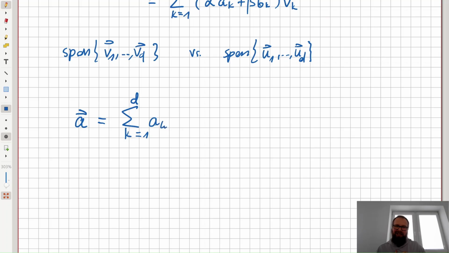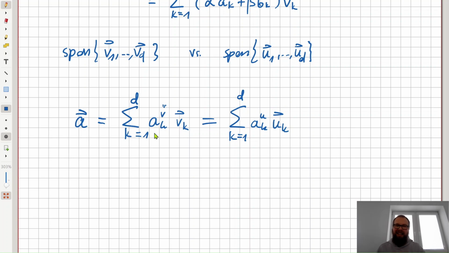So let me write this K V. That's why I use the superscript V, A_K^V. But you could also decompose it in the other basis, A_K^U. And the coefficients are unique, but unique per basis, okay?